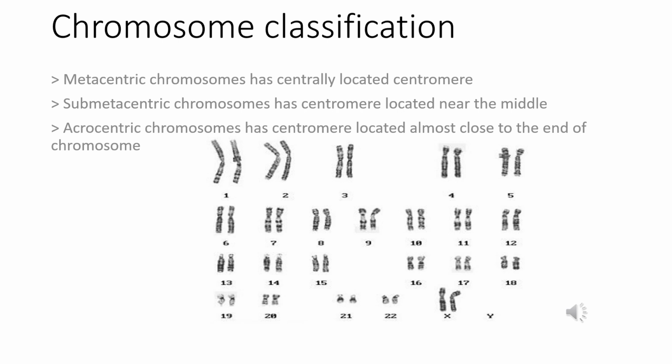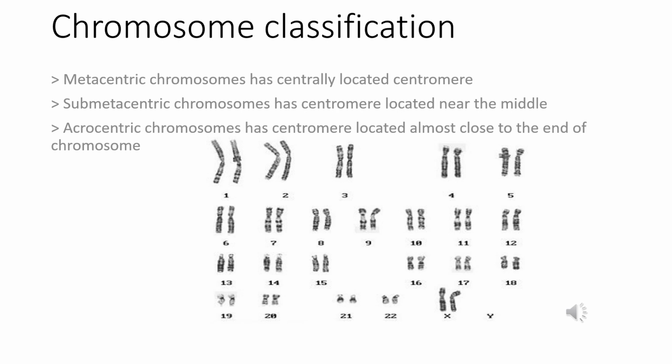A metacentric chromosome is a chromosome whose centromere is centrally located, which means the lengths of the P and Q arms are almost equal. In humans, chromosomes 1, 3, 16, 19, and 20 are metacentric chromosomes.